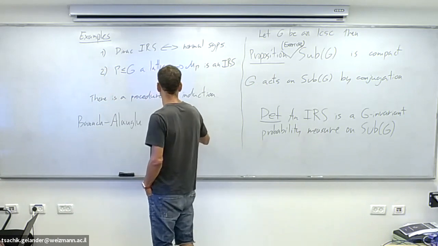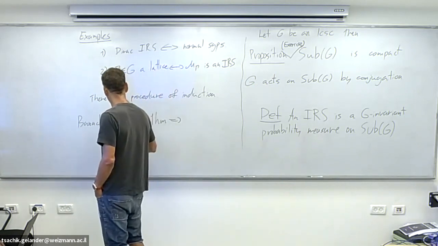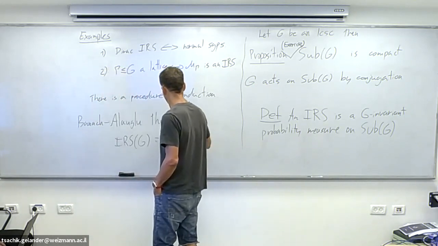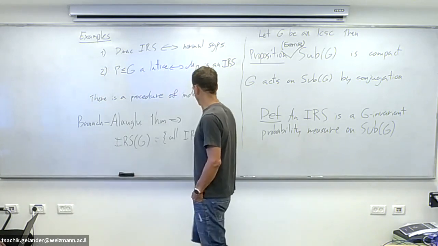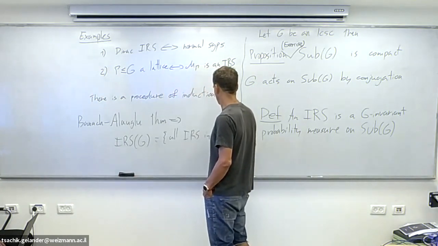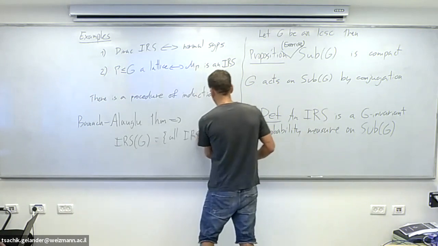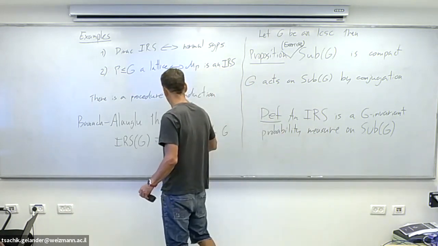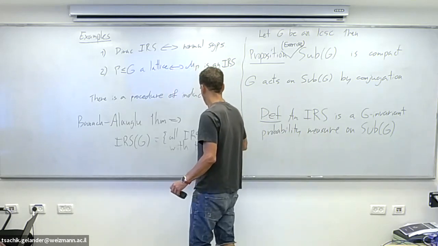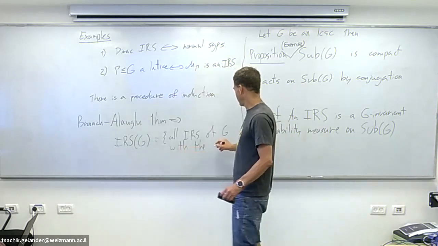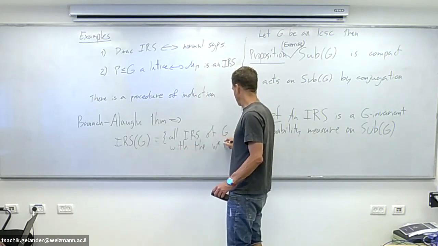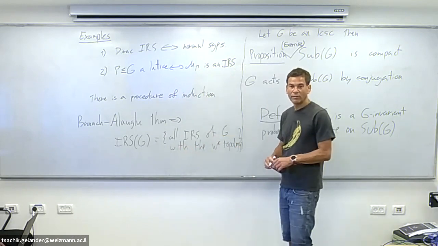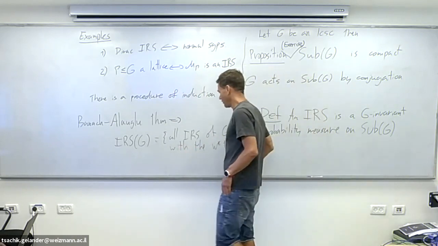the theorem implies that the space of IRS of G, the space of all IRS in G, with the natural topology here, which is the weak star topology, this space is compact.